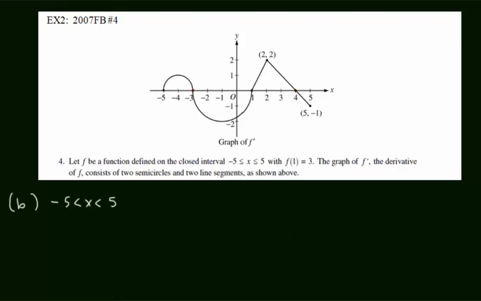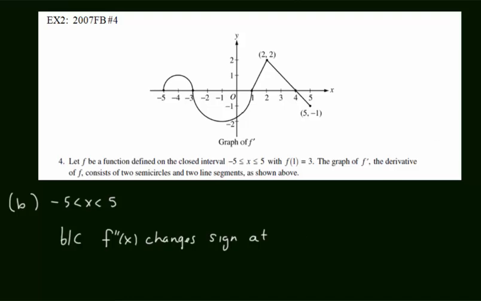Part B, on the same interval, find the x values at which the graph of f has a point of inflection. Justify your answer. I'm going to write the justification first, and the justification is going to be because f double prime of x changes sign at, and then I'll identify the x values where that happens.